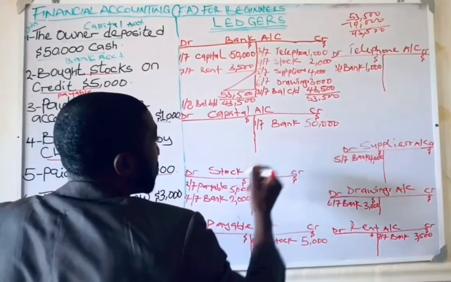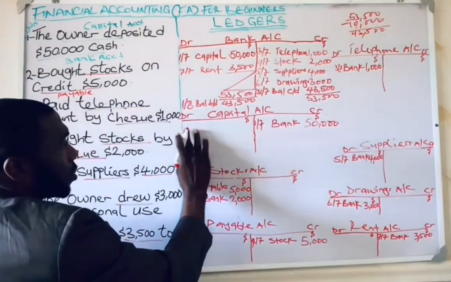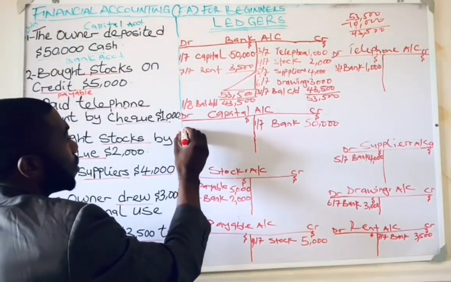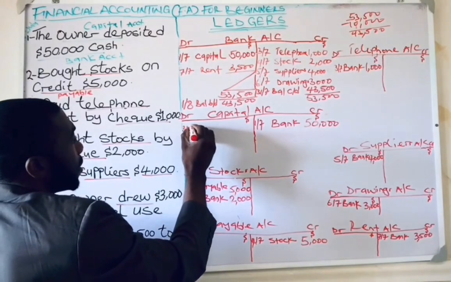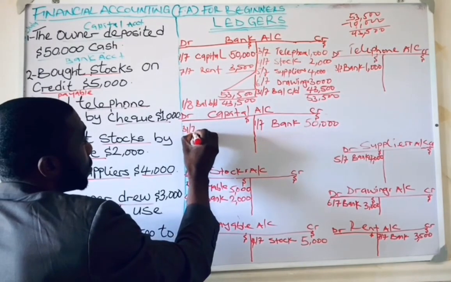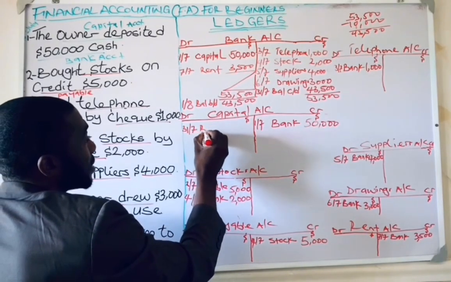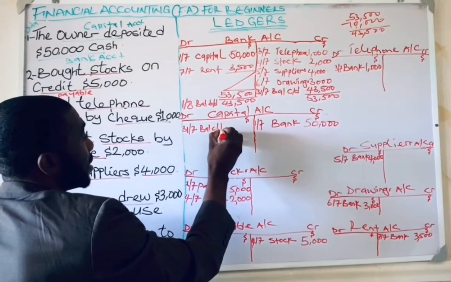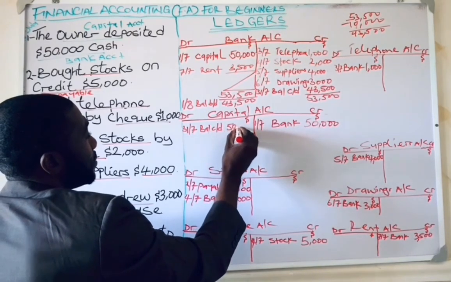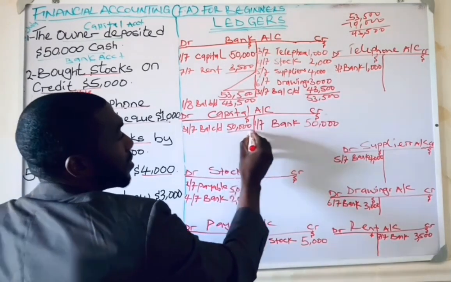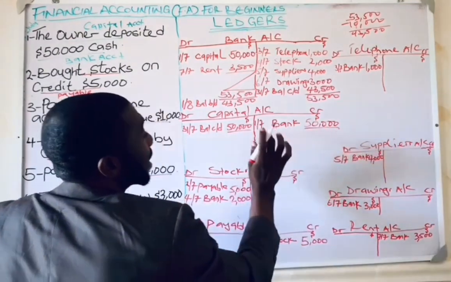Now, let's do this. We have $50,000 and there is nothing here. So you're just going to say 31st July, balance CD of $50,000. Simple. This is a credit balance.